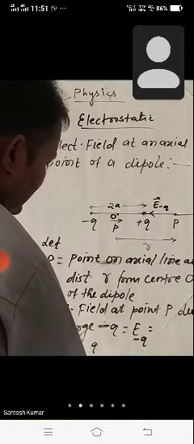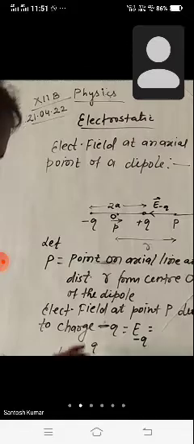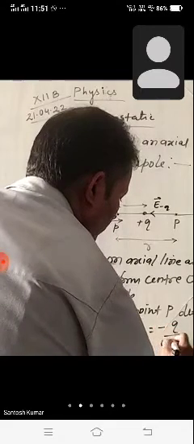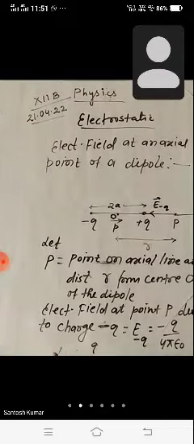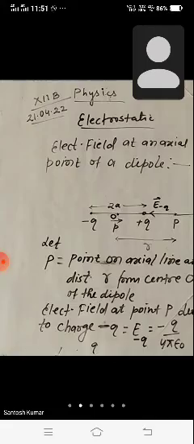So this r can be taken in different forms: r1P, r2P, whatever. Here the charge is minus Q. So what will be the value? Minus Q by 4 pi epsilon naught. Instead of Q, we have minus Q. And what is the distance?